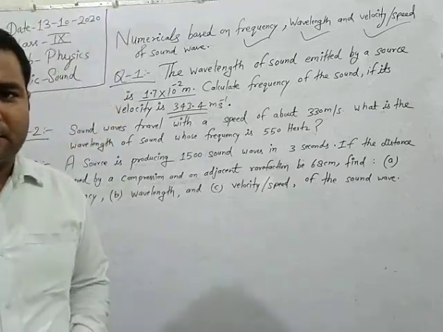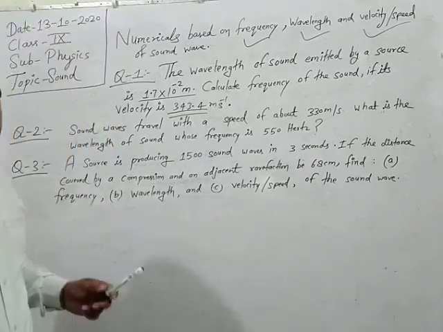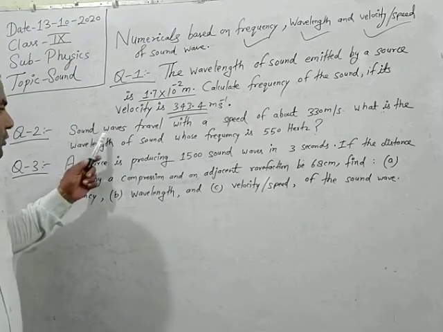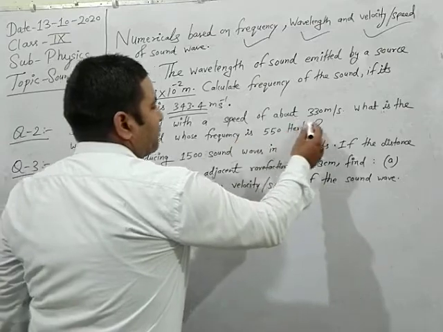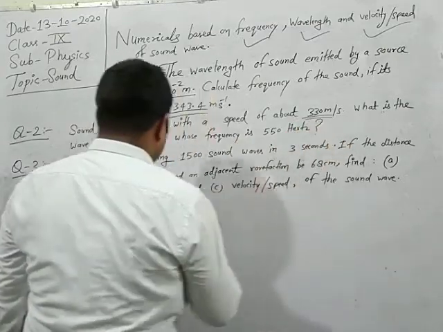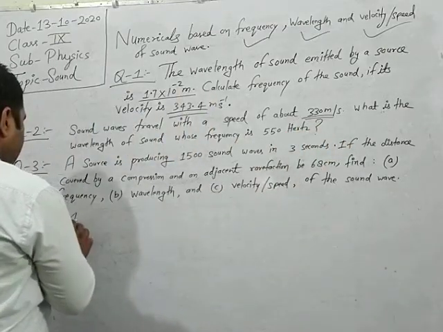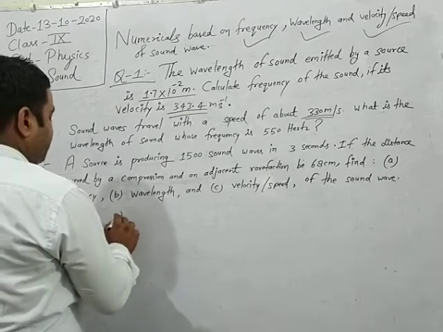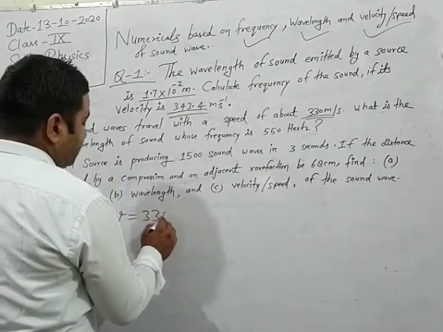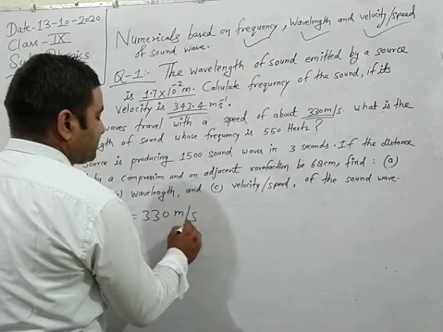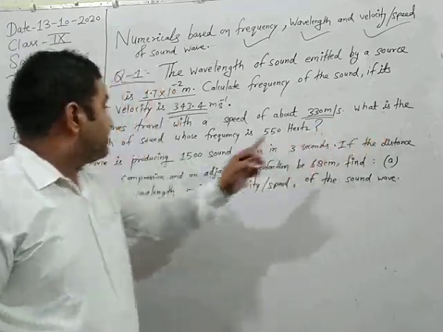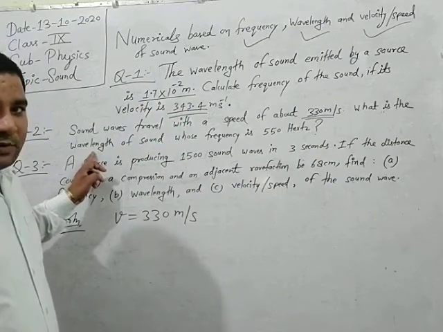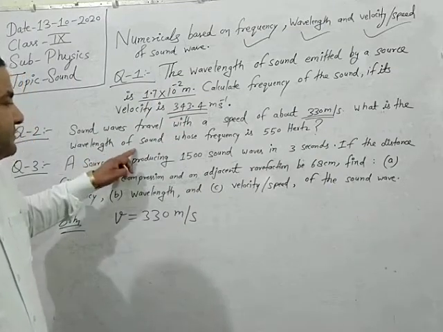After the first, the second numerical, just see what is given. Sound waves travel with a speed of about 330. It means in this numerical, what is given? v, that is 330 meter per second, speed given. Then what is the wavelength of sound?